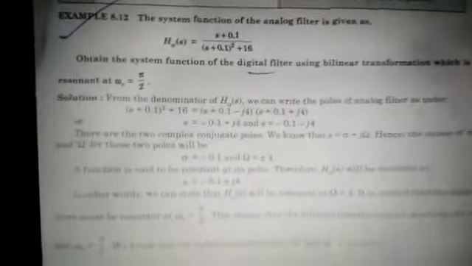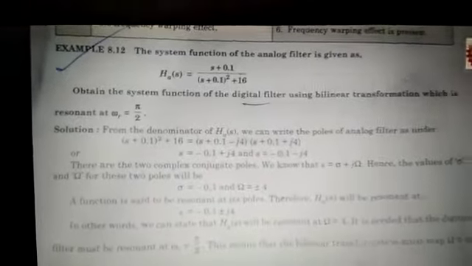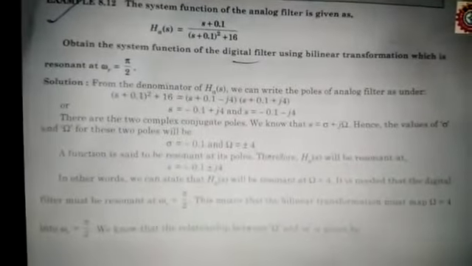We have seen how this analog filter is designed into a digital IIR filter, and also how we calculate H of Z. Now we will go through this problem.